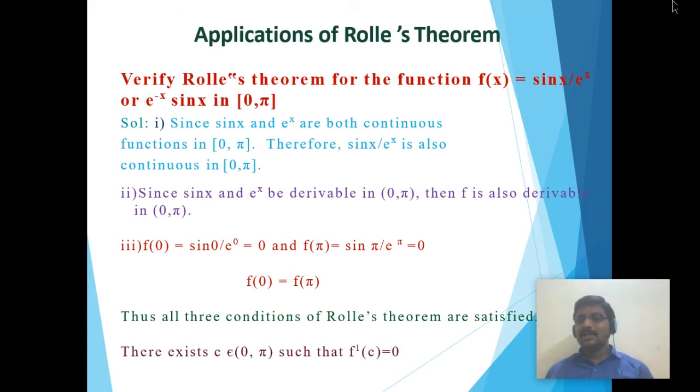What is u here? Sin x. e power x is v. The derivative of u by v is (v u dash minus u v dash) whole by v square. v is e power x here, clearly an exponential function not equal to 0, so we can compute the derivative.